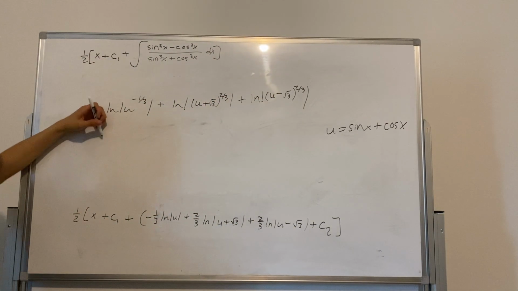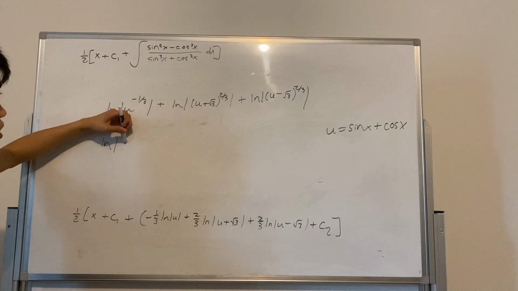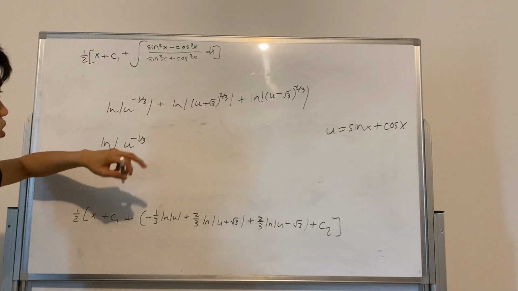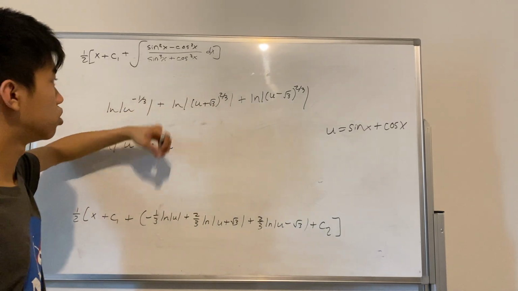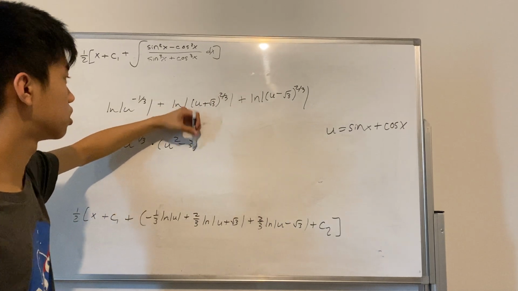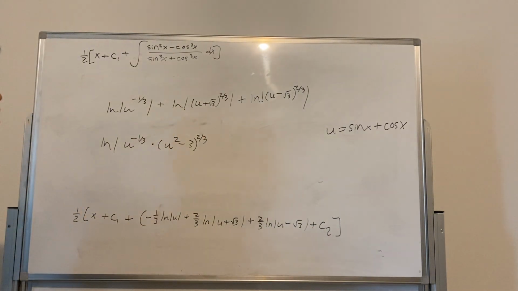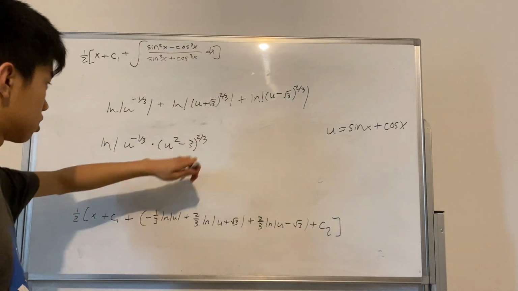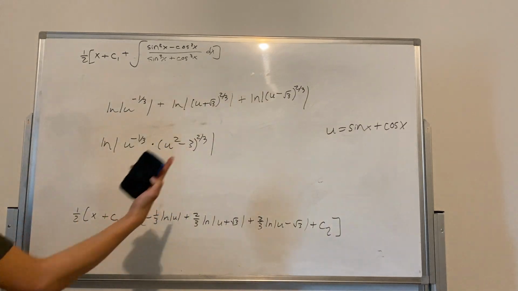Now we can multiply all of it, so we have ln of u to the negative 1/3 times u squared minus 3 to the 2/3 power. Okay, so now we can plug our u back into this expression.